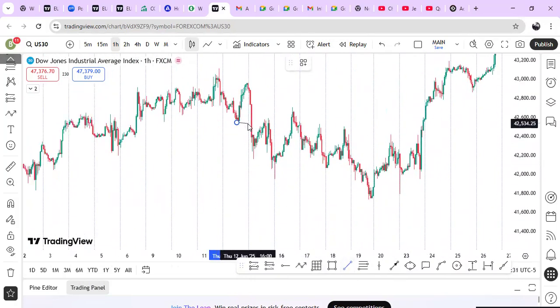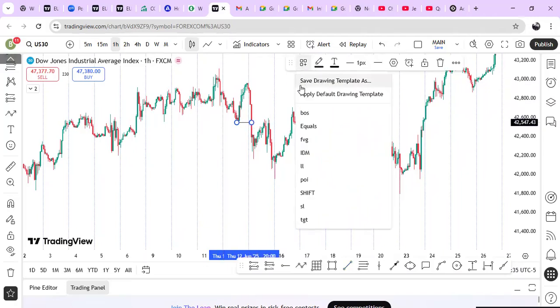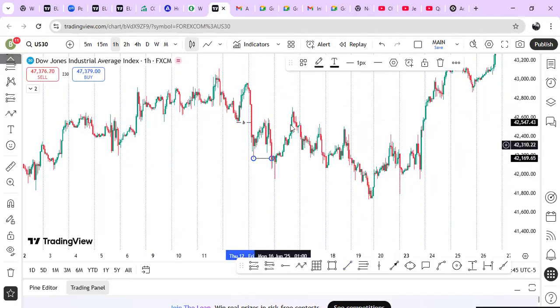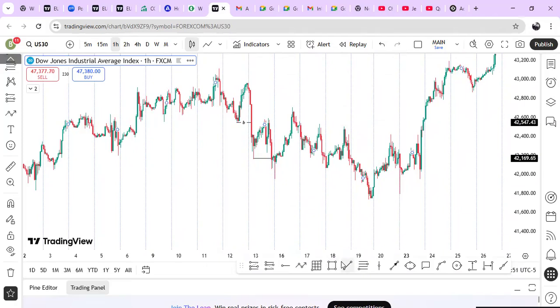Here again, we have a break of structure here. That's your break of structure. The market corrects again, closes below. That's another break of structure. The market comes up, closes below this last low again. That is another break of structure.